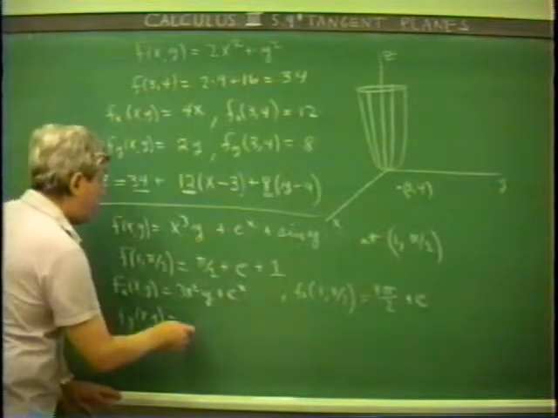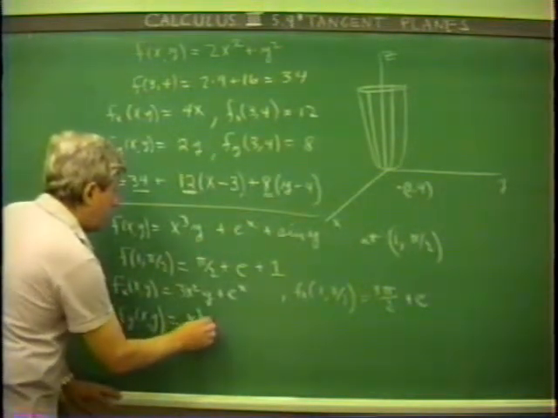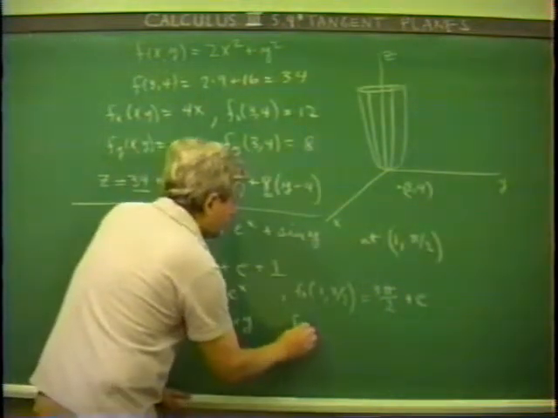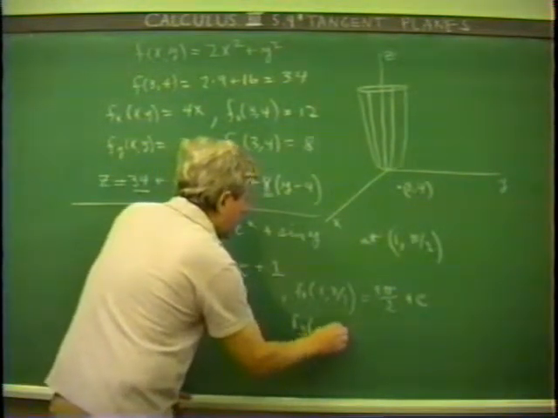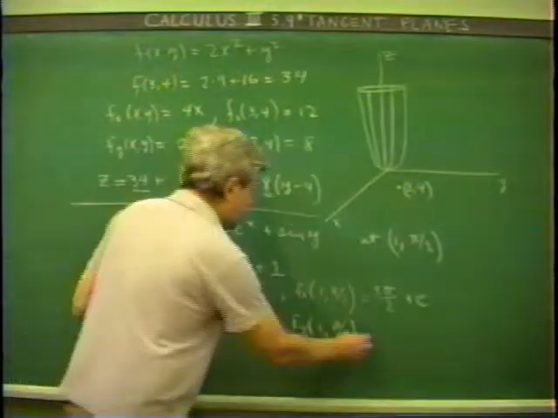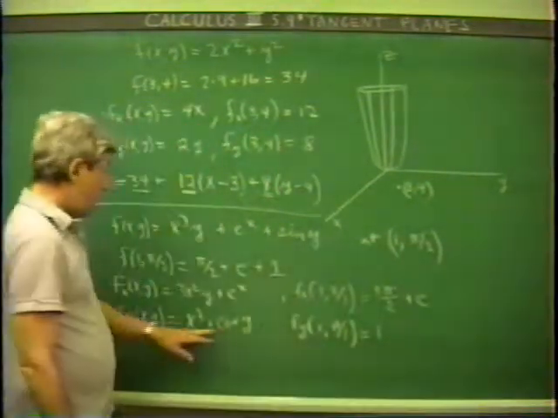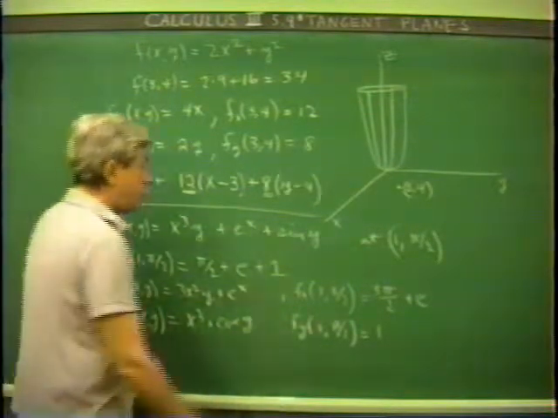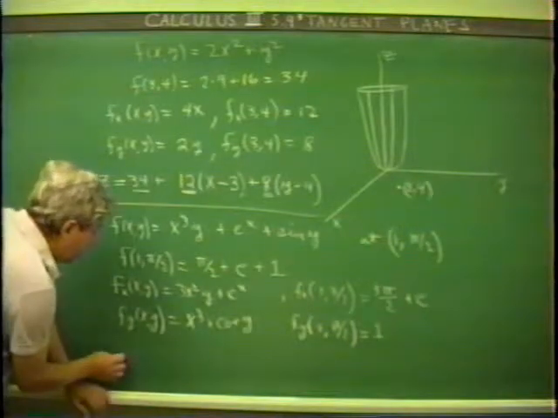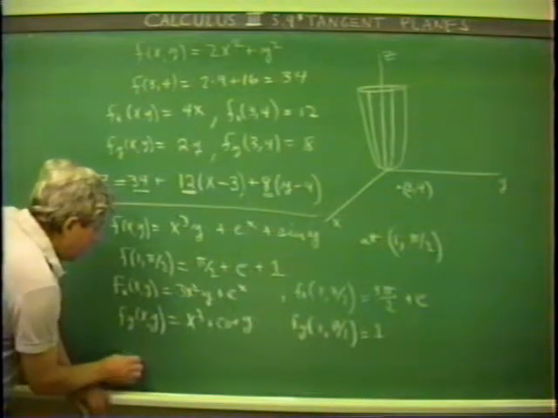The partial with respect to y at x and y is going to be x cubed plus cosine y. So the partial with respect to y at 1, pi over 2 is going to be 1. Cosine of pi over 2 is 0, so it's going to be 1.